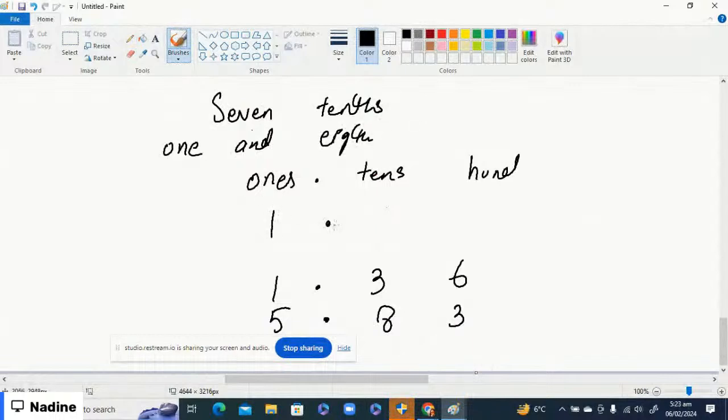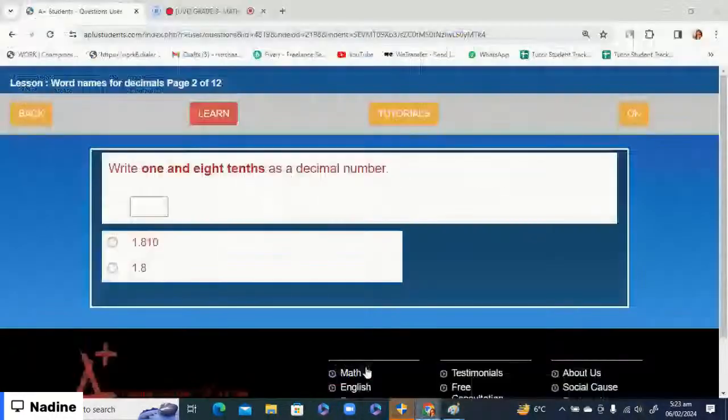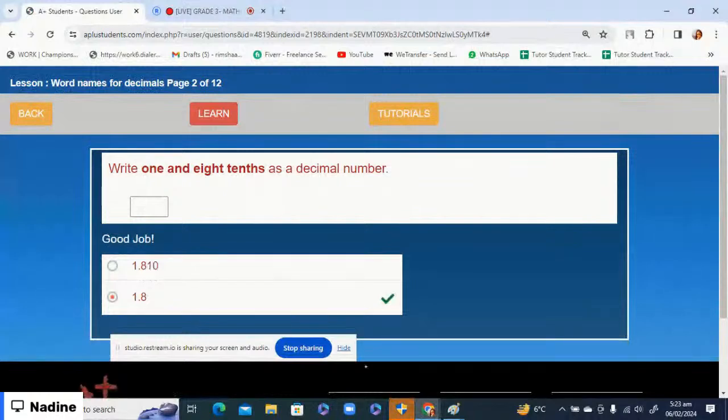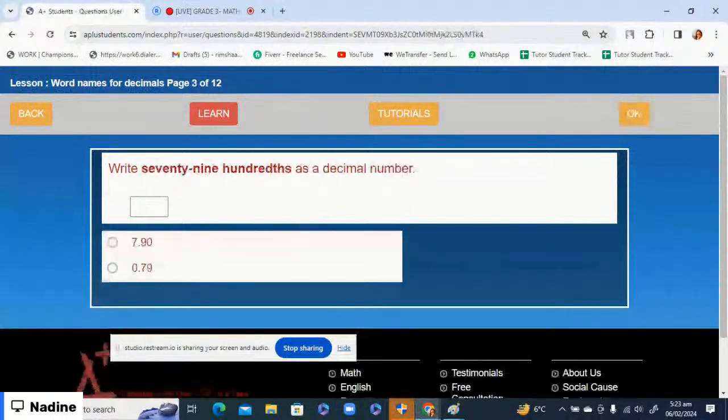It's 1, then point, and 8 is in the tenths place. So we are going to put 1.8. Is there any option? Yes, this one. You're not putting it like 1.8 and then tenths. So this is 1.8.